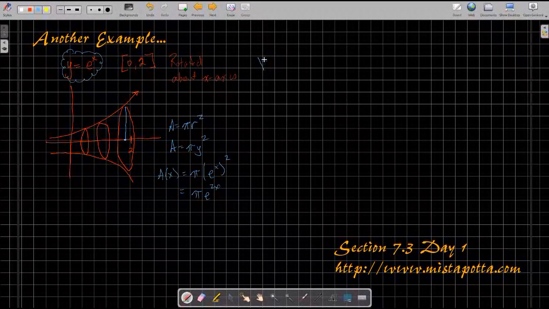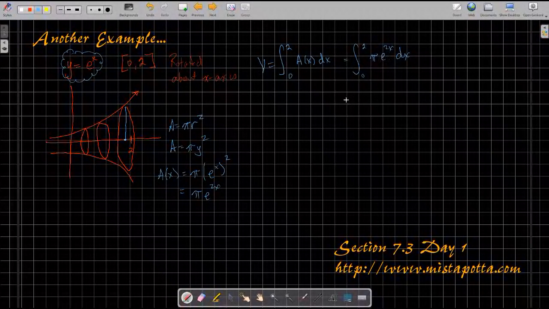My volume is equal to the definite integral from 0 to 2 of my area function dx. So this is going to be the integral from 0 to 2 of pi times e to the 2x dx.